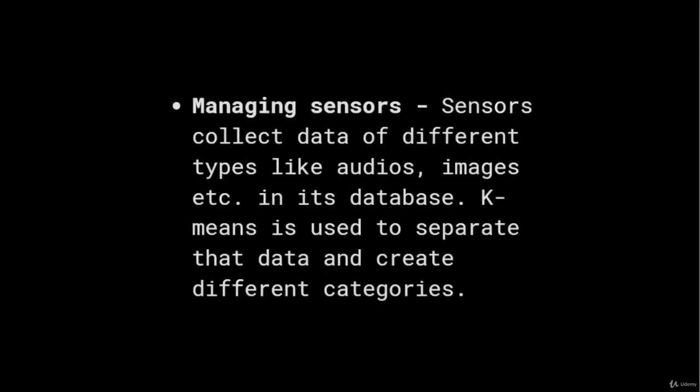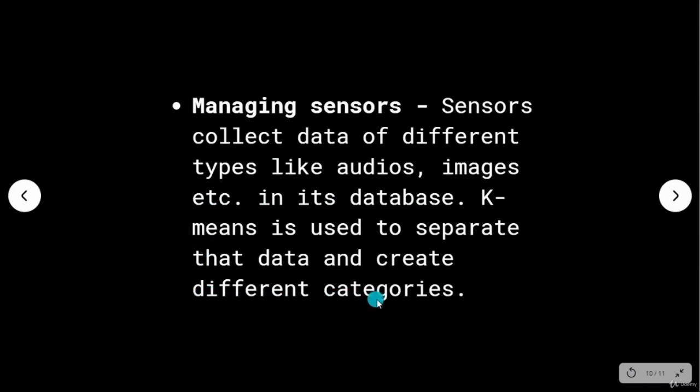So let us now look at some of the business use cases of K-means. The first use case is of managing sensors. Sensors collect data of different types like audios, images, etc. in their database.